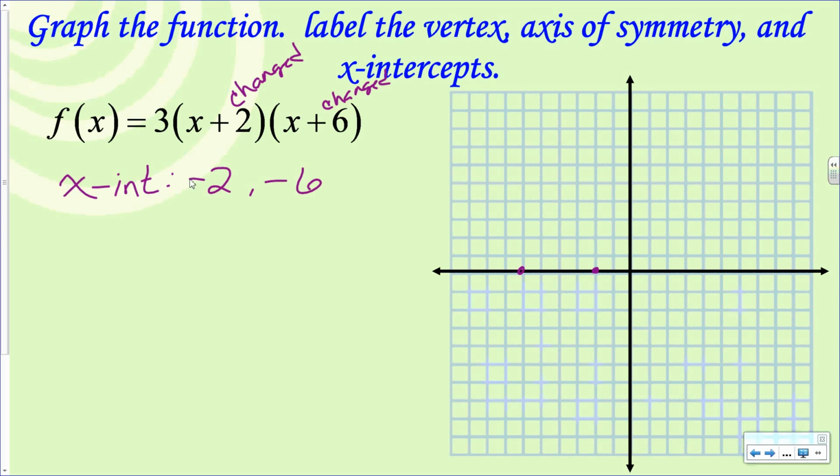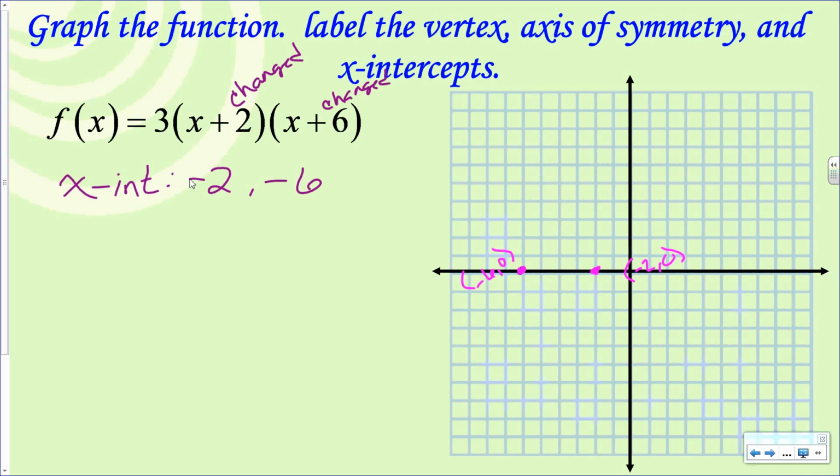So if I'm going to label them, I'm going to put -2, 0, and -6, 0, right? No, these are intercepts. They're where they cross the axis at. There's two different intercepts. Okay?